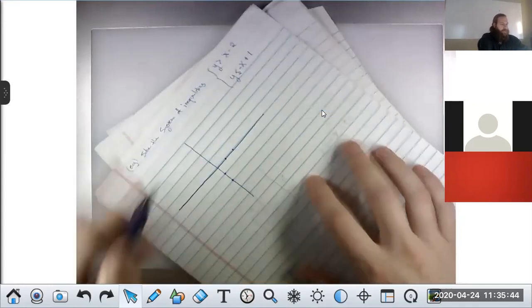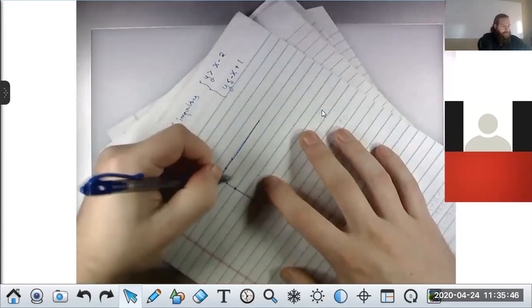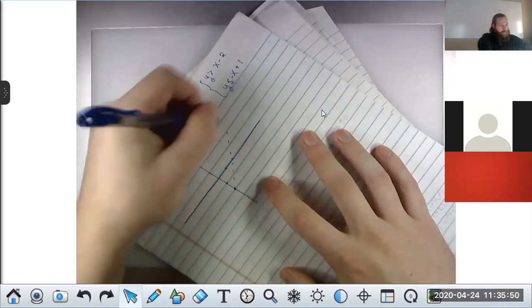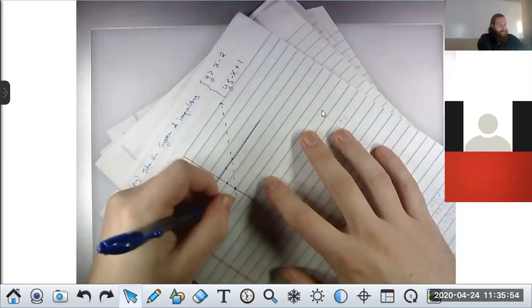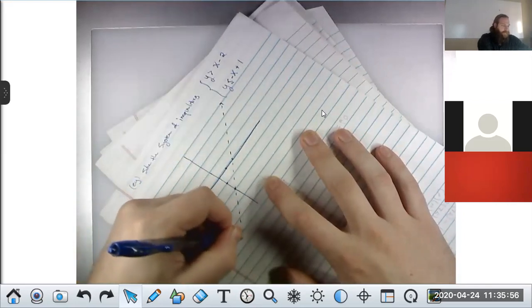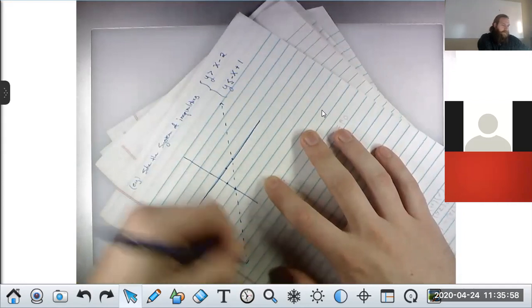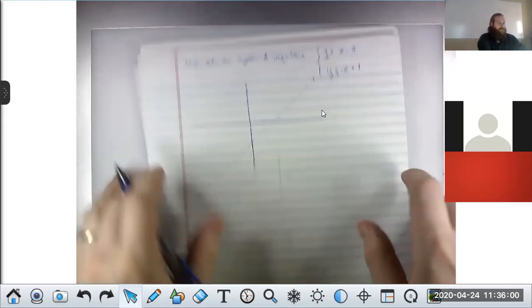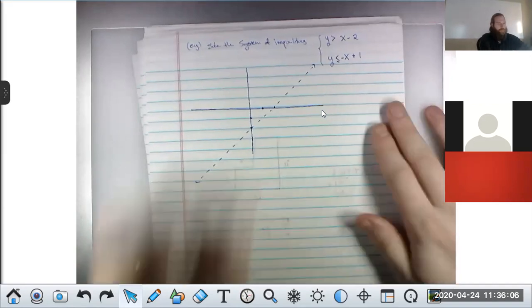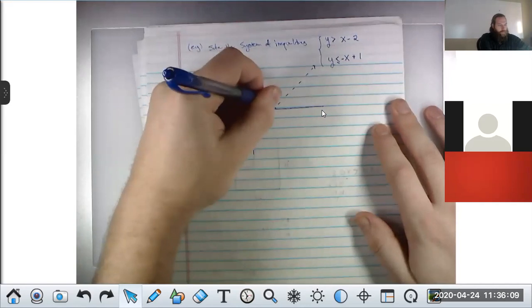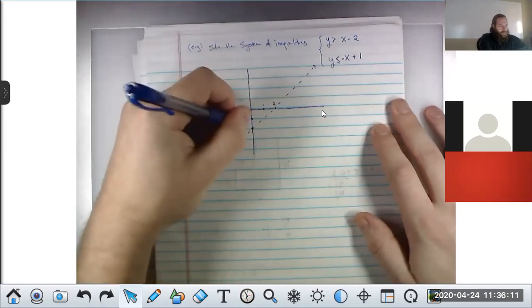So that line looks like this. And I'm drawing the dotted line or the dashed line instead of a solid line because the inequality there is strictly greater than, right? It's not a greater than or equal to. So this is 1, this is 2, this is negative 1, this is negative 2.